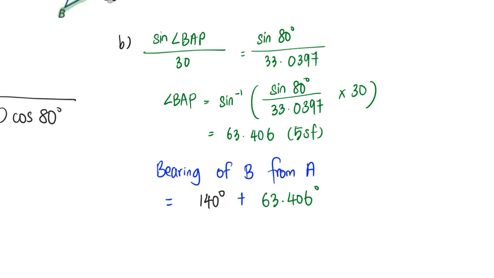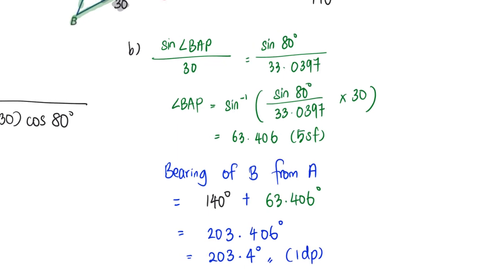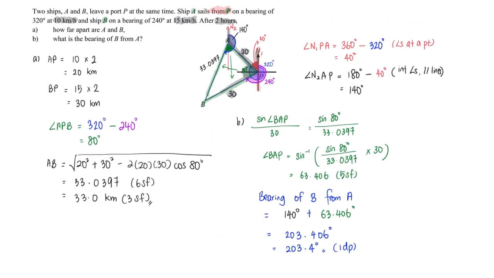Final answer, 203.406, so 203.4 degrees to 1 decimal place. And with that, we have come to the end of this particular problem.